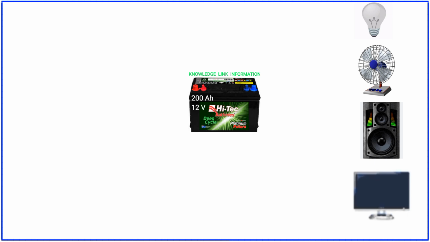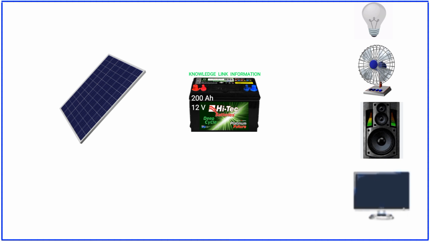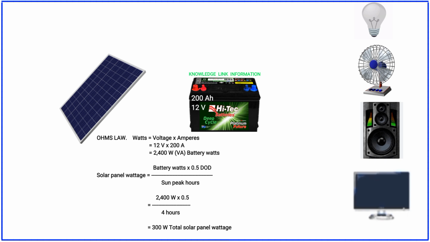We can calculate also the wattage of solar panel to charge this 200 amperes-hour 12 volts battery. Remember the Ohm's law, watts is equal to voltage times amperes. A 12 volts battery times 200 amperes is equal to 2400 watts.